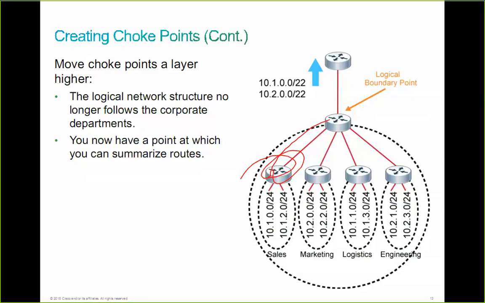Now you look at that and say, okay, Scott, you're talking about going from 2 networks to 1 network. So potentially you're saving 4 routes if you extend the choke point down to that second tier. But this is just an example. You have to extrapolate this to potentially hundreds or thousands of routes, not just 2 routes. Obviously, we can't put a whole bunch of routes on the diagram, but the concept is still the same. That makes sense.